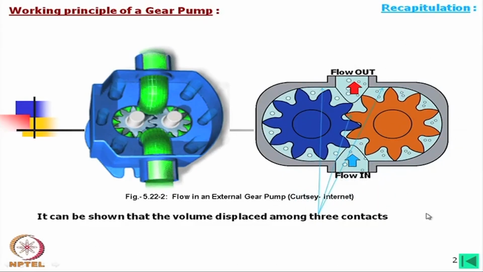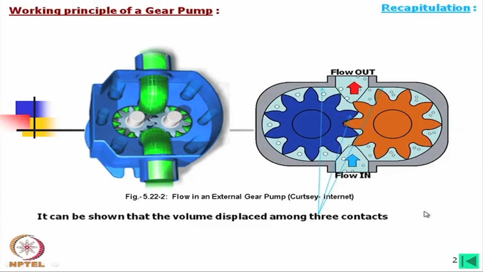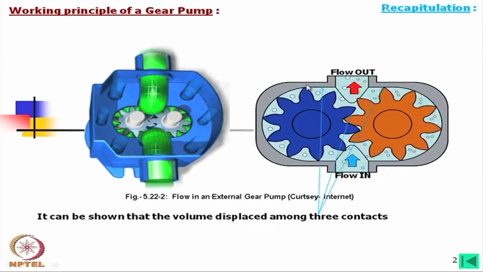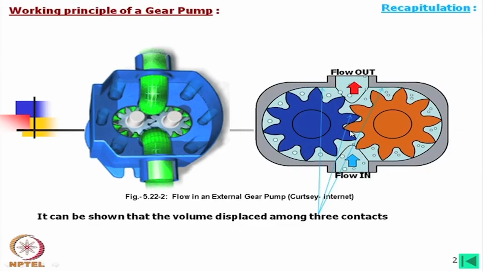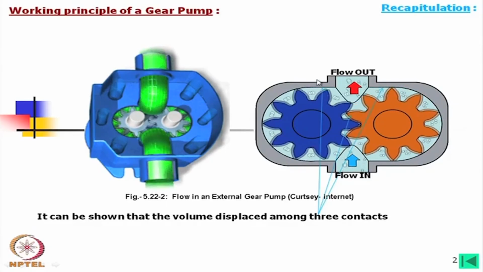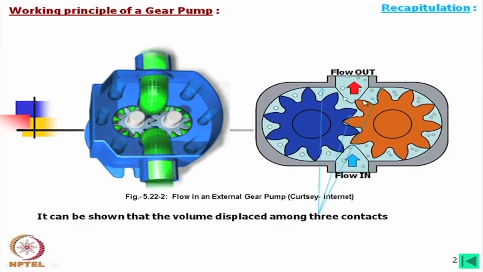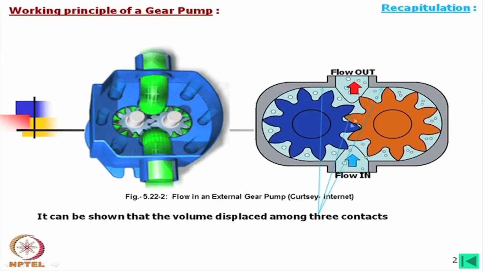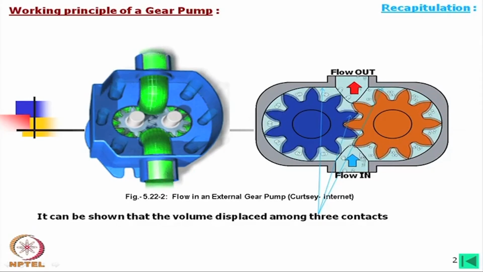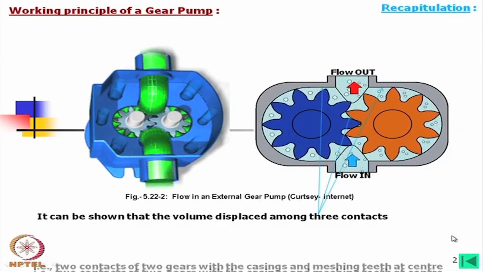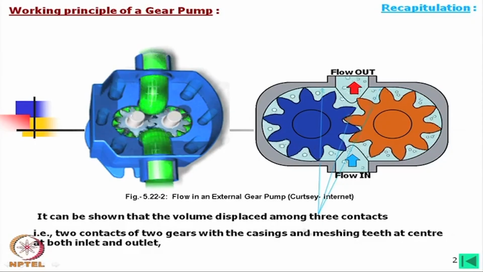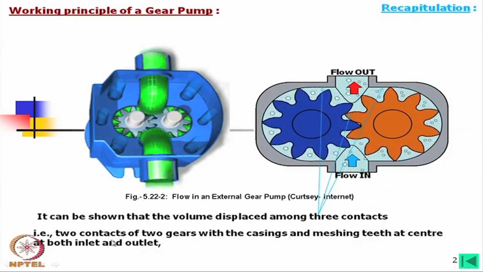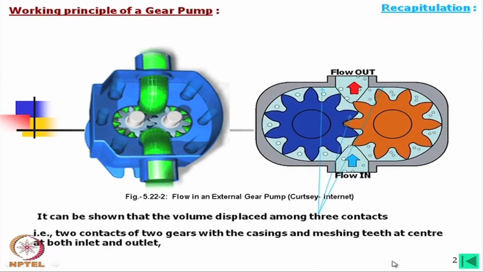Actually, it can be shown that the volume is displaced among 3 contacts: one contact with this wall, one contact with this wall, and then the contact between the teeth. That space will be in compression here and in expansion mode here. That is, 2 contacts of the 2 gears with the casing and the meshing teeth at the center, at both inlet and outlet.